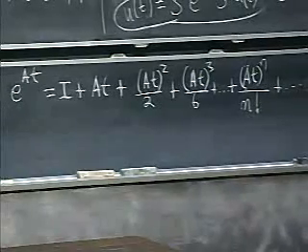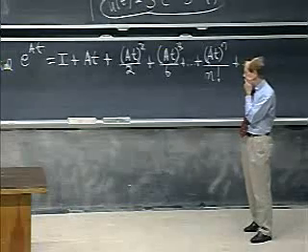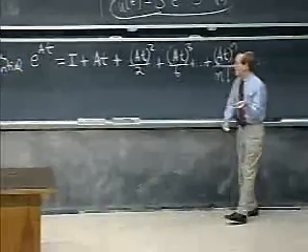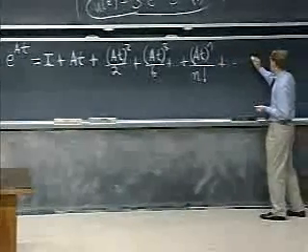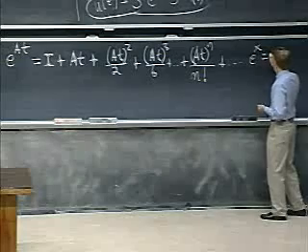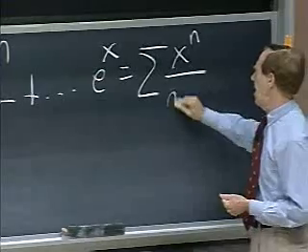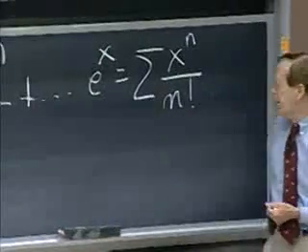That's the one beautiful Taylor series. Well, there are two beautiful Taylor series in this world. The Taylor series for e to the x is the sum of x to the nth over n factorial. And all I'm doing is the same thing for matrices.